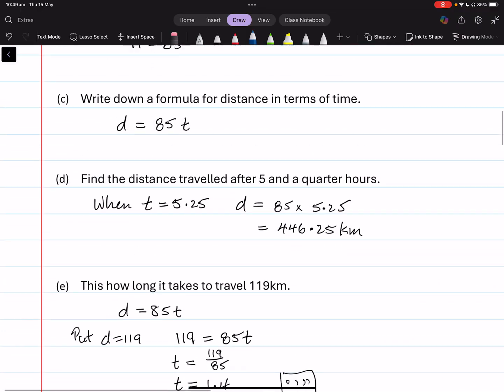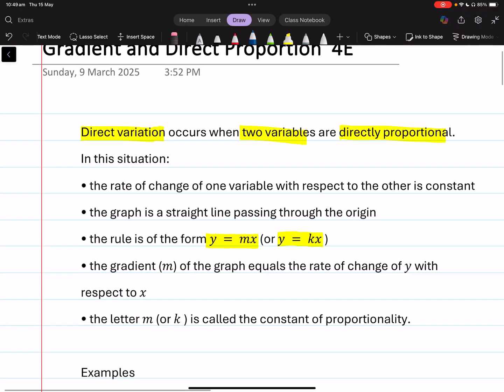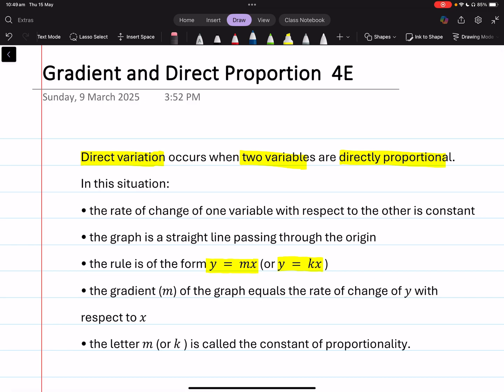So with direct variation and direct proportion, which basically mean the same, you have a constant change. The rate of change is a constant. The graph is a straight line passing through the origin, and you've seen that. When we graph them, there will be a straight line passing through the origin.